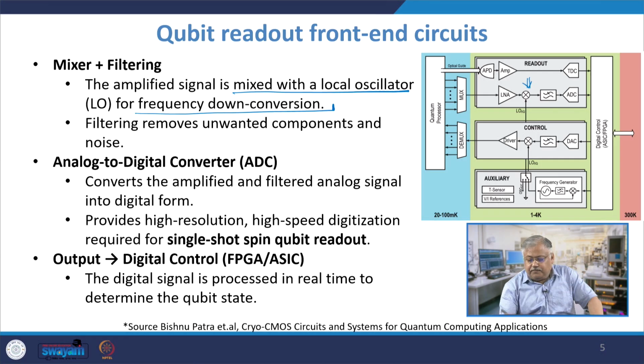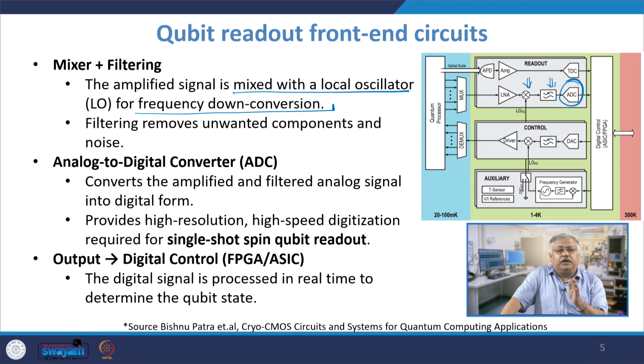Then we pass it through an ADC. The ADC, as you are all aware, is responsible for converting analog to digital. These are very high resolution ADCs, and they are also primarily high speed digitizers, generally required for single shot spin qubit readout, which means that you do a readout using a single pulse, either a microwave pulse or a photon pulse, in order to read out the circuitry.